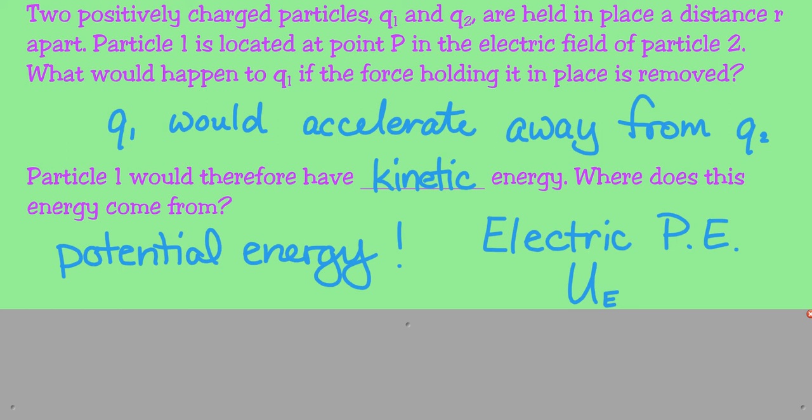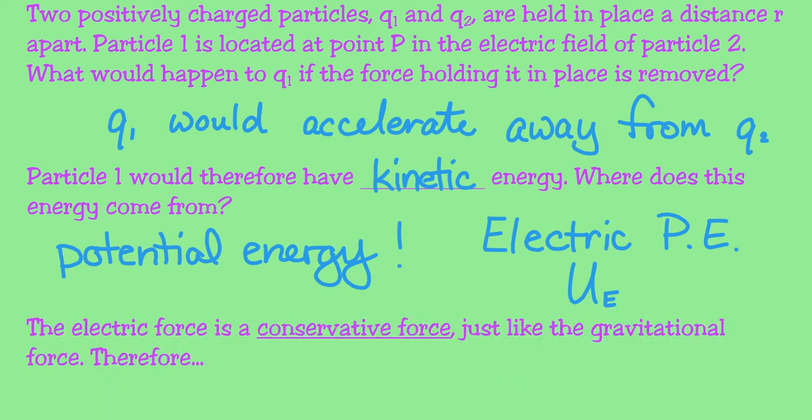A couple other facts here. We know that the electric force is a conservative force, just like the gravitational force. Remember that conservative means that the work that force does is path independent. When we have conservative forces, we can find the work done by that force by finding the negative change in that type of potential energy.